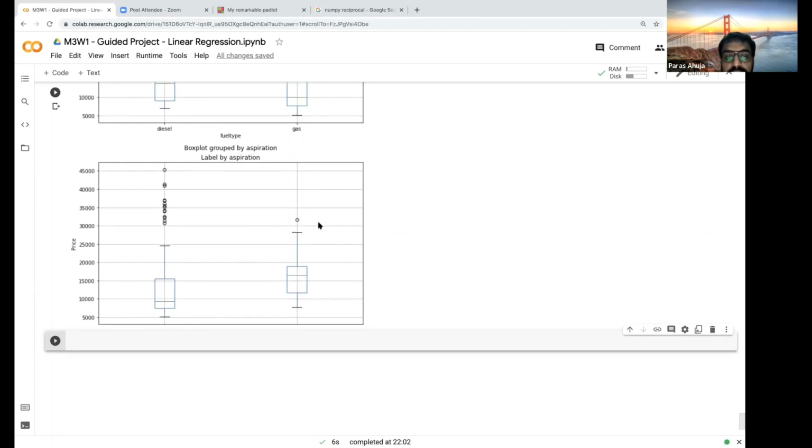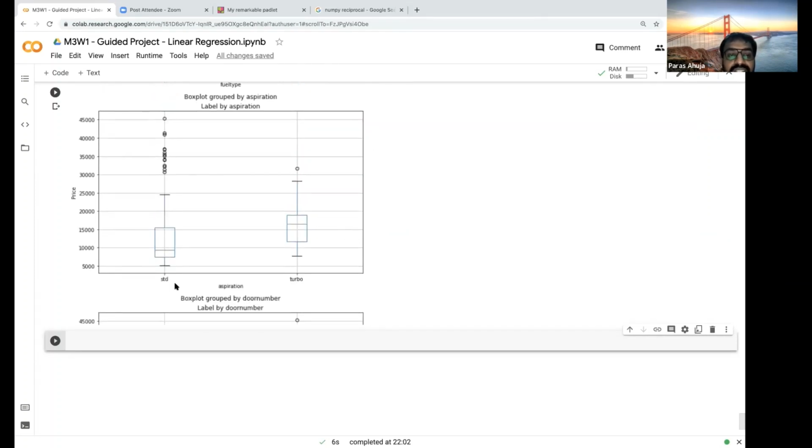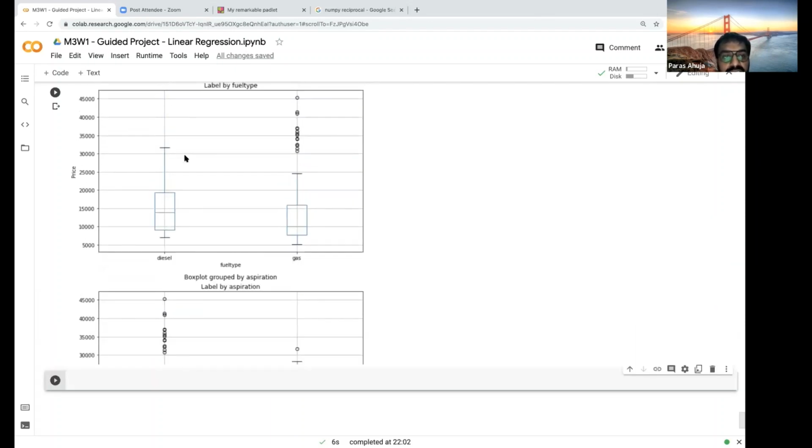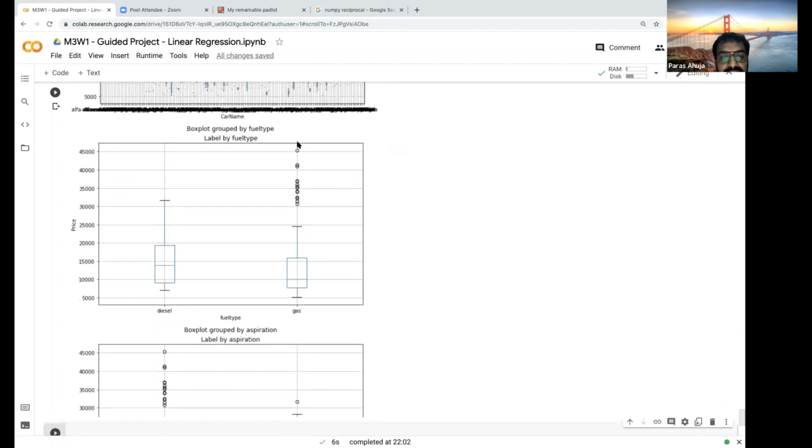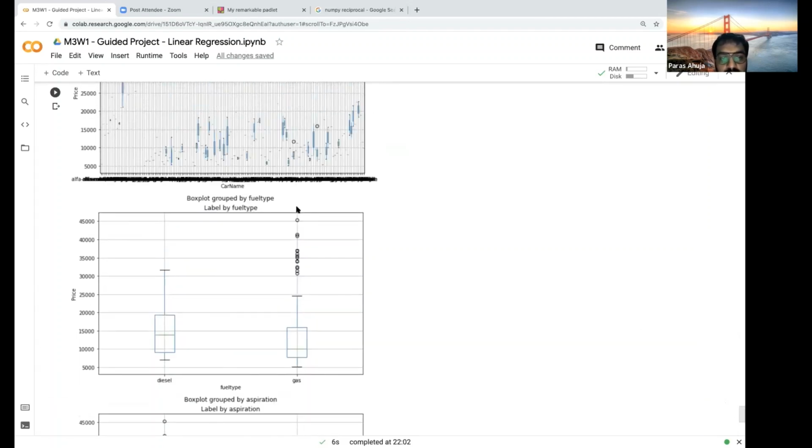Here, box plots make sense because we are using categorical columns, right? Now with that, we get an understanding that a few outliers are also there. A few outliers with the aspiration column, value as STD. There are a few outliers with price. With gas, a few outliers are there. Gas prices are very, very high.